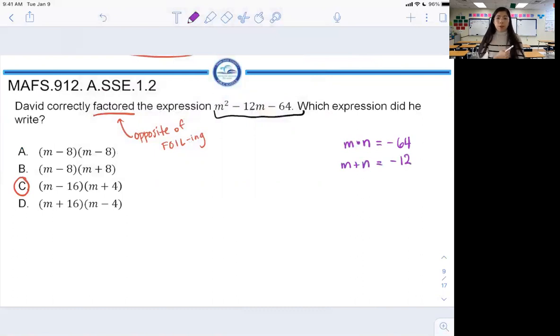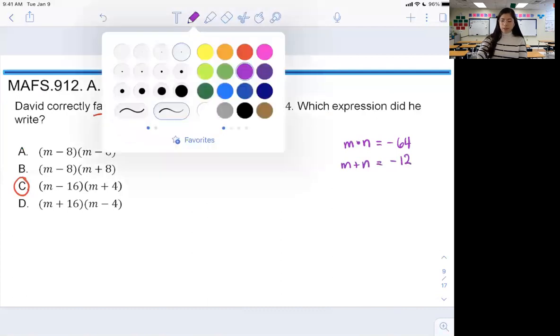Negative 12, and that's important. So what two numbers multiply to make negative 64 and add up to make negative 12? Negative 16 and 4. Yeah, negative 16 and positive 4.